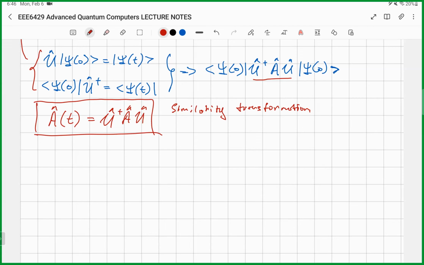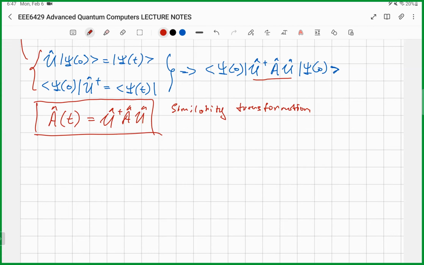So at this point, you might wonder why so many representations, because we already discussed that we can describe a quantum system using different representations of different Hermitian operators, right?